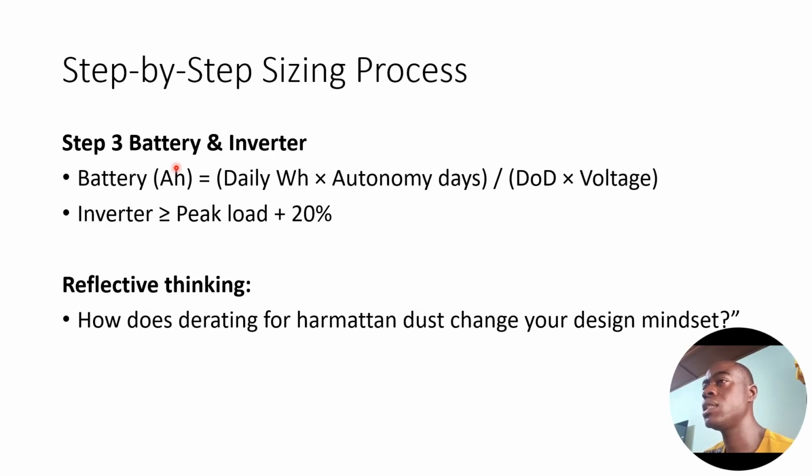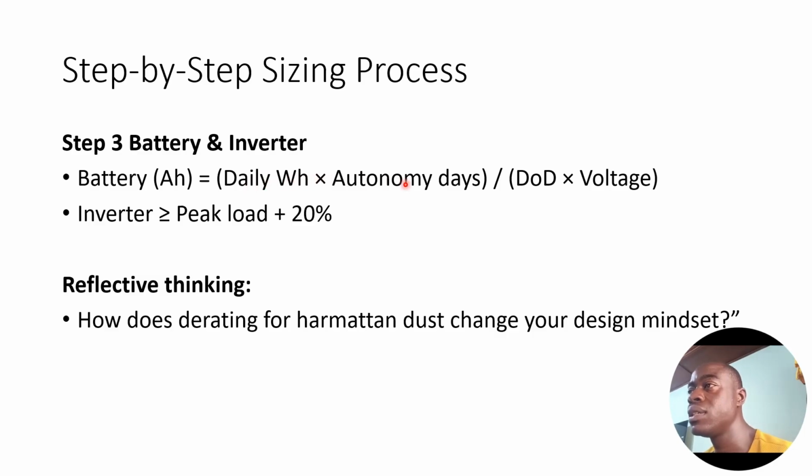Next, we'll look at sizing the battery and the inverter. The inverter is a much simpler one. Whatever your peak load is, you add 20% to size the inverter. For the battery, we are looking at the autonomous days.